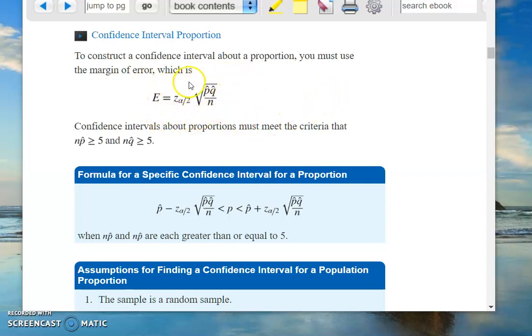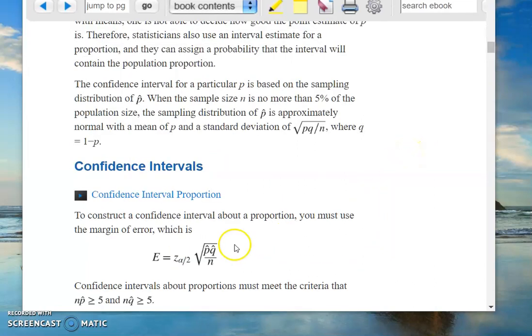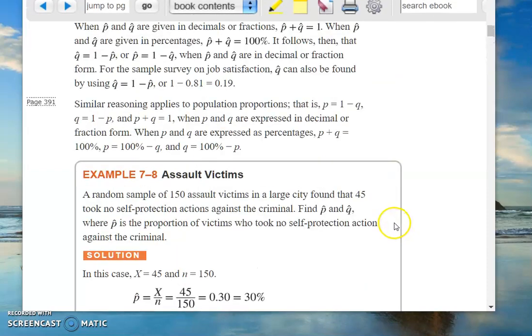What's the margin of error? It's the same as before. It's the appropriately chosen z number, meaning the one that goes with the 95% or the 90% confidence interval, whichever one you choose. That is multiplied times this, which is typically referred to as the standard error or something like that.